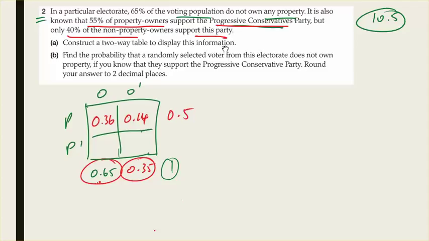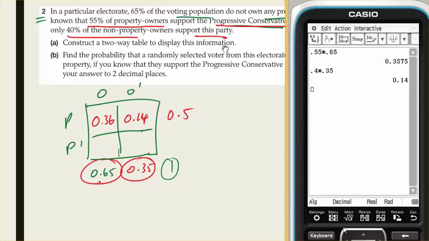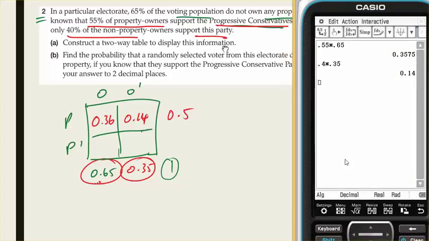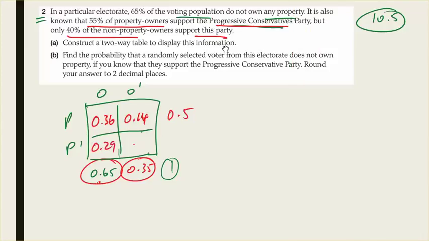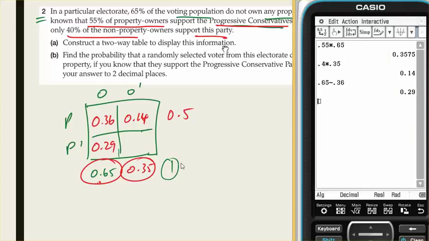To get the rest of the table, I need to do some subtractions, because I know that columns and rows must add together. So 0.65 minus 0.36 gives me the empty part here, 0.29, and 0.35 minus 0.14 gives me 0.21.